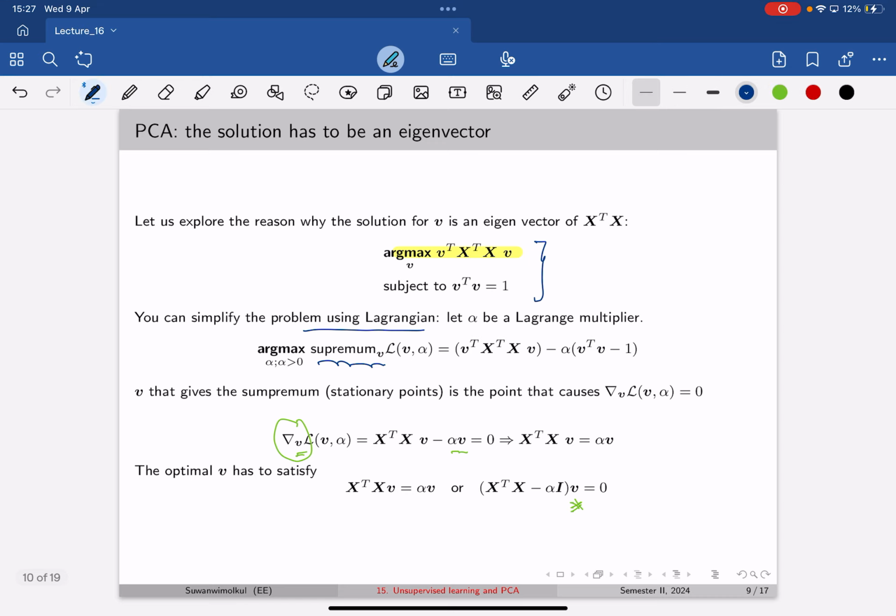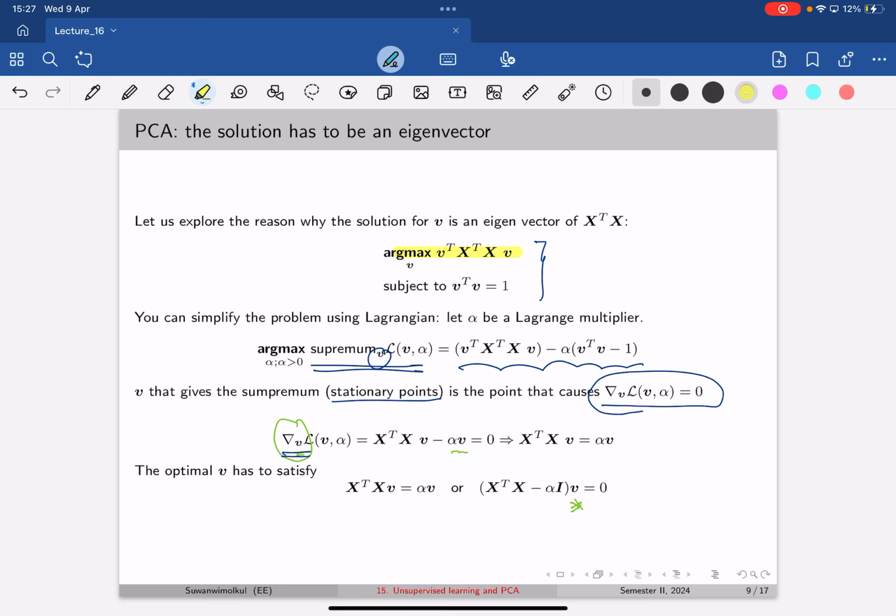After that, we negate this with the Lagrange multiplier times the constraint. Then to compute the supremum, we have to find the V that gives the supremum of this term. We can do that by finding the stationary point, that is the point that causes the gradient of this objective function to be equal to 0. So we will take the gradient with respect to the V vector.